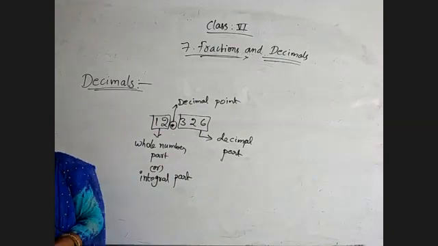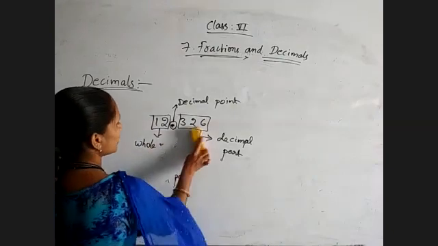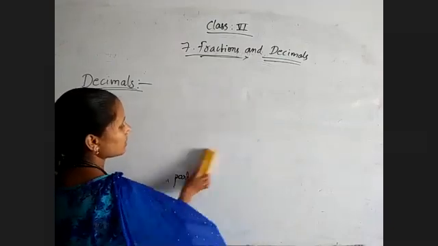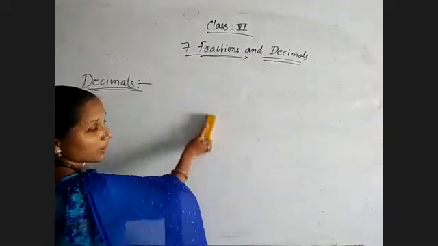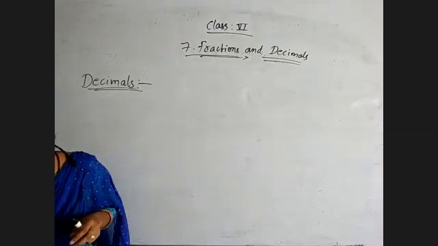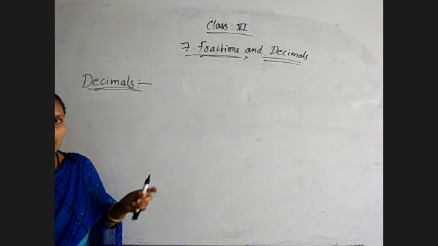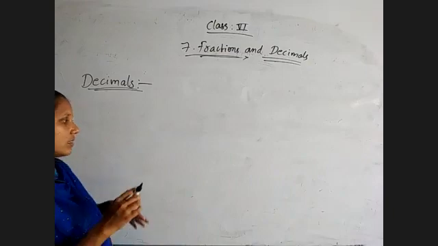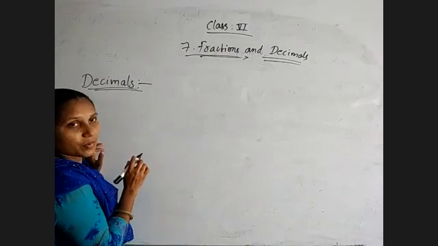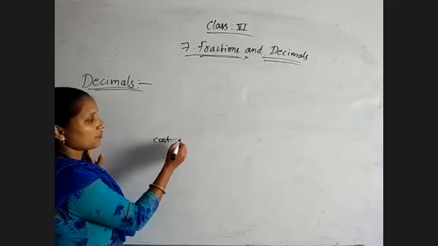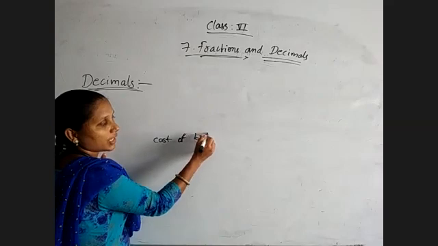And now, where are we using this decimal number? See, for a fraction, we can't show it in the place value chart. But if you convert that fraction into a decimal, we can show it in the place value chart. As well as, for suppose, the cost of any item, the cost of a book is printed on your book also.